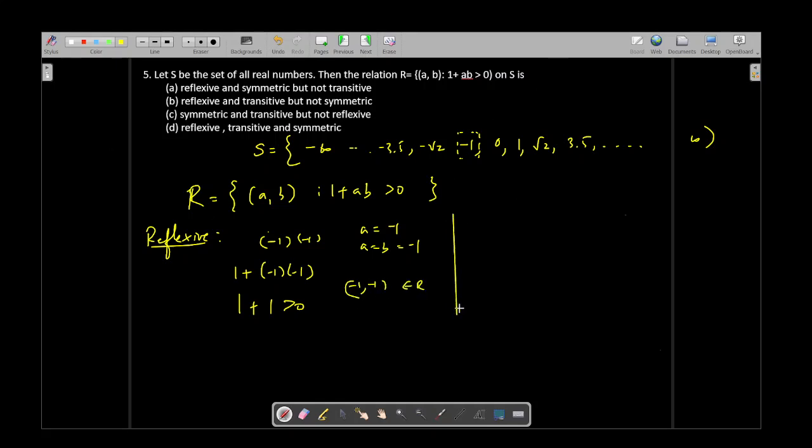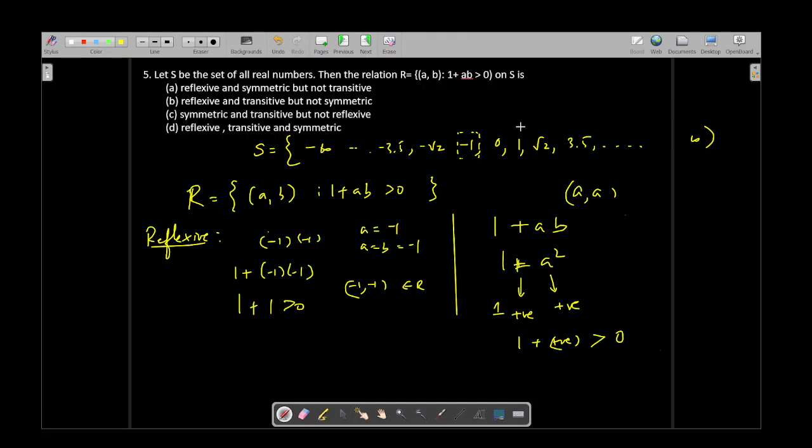In general, we have 1 plus ab. If I pair every element to itself, it becomes (a, a), so it becomes 1 plus a square. A square is always positive, and if I add 1 to any positive number, the result is always greater than 0.